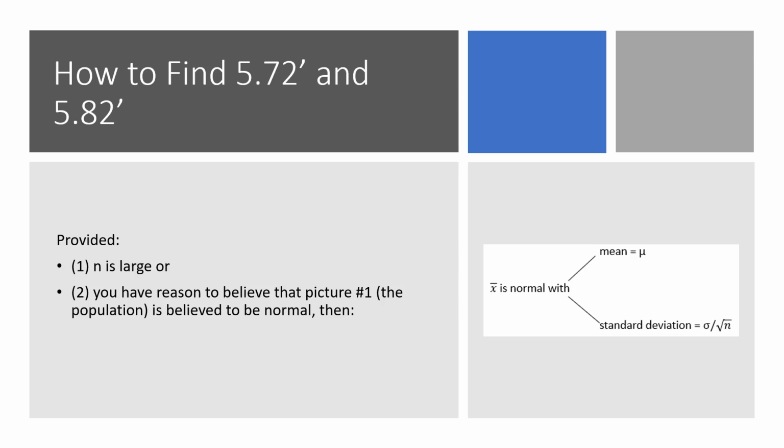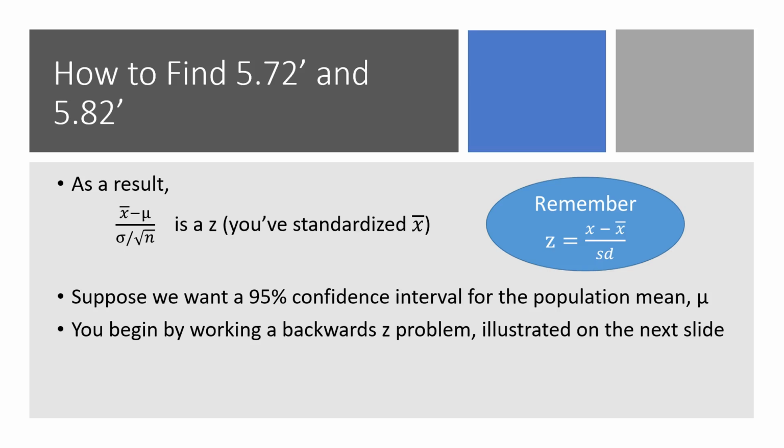So how do we find 5.72 feet and 5.82 feet anyways? Provided that your sample size is large, or you have reason to believe that the population is normally distributed, then we can go forward with using the z calculation, where we look at x bar minus mu over the standard error of the mean.